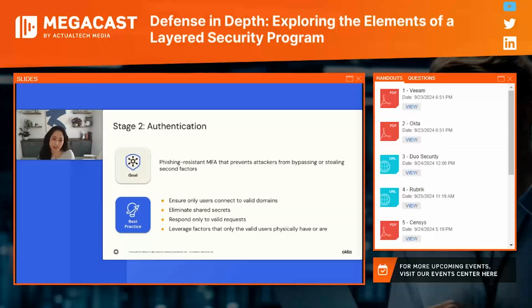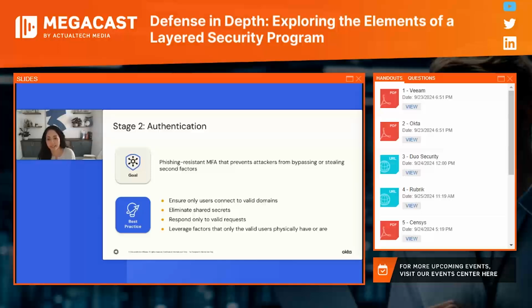Now, MFA has been a leading tool to stop credential theft, stopping automated brute force attacks and social engineering attacks directly at that point of authentication, at stage 2. But as MFA adoption has grown, adversaries have gotten smarter and have begun using more sophisticated attacks to bypass or steal authentication tokens.